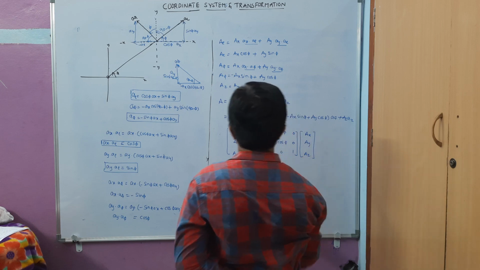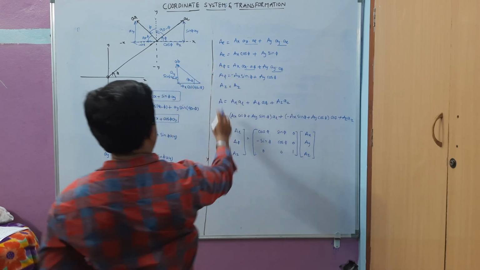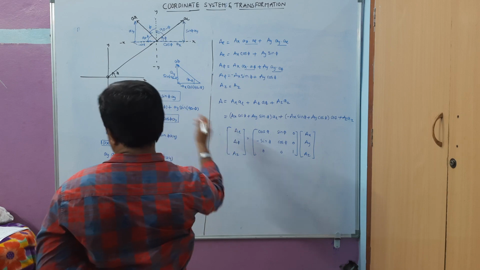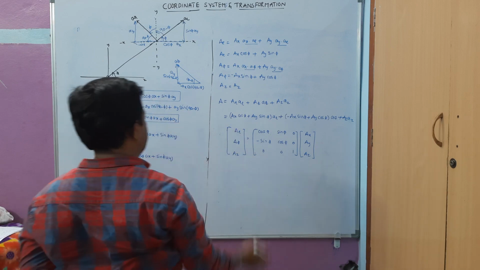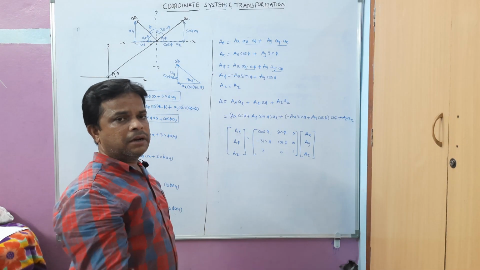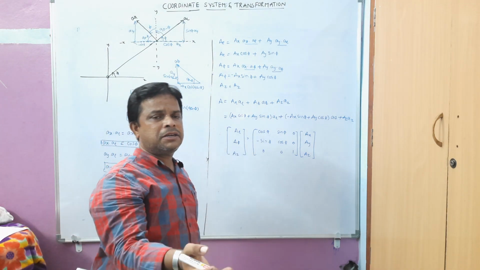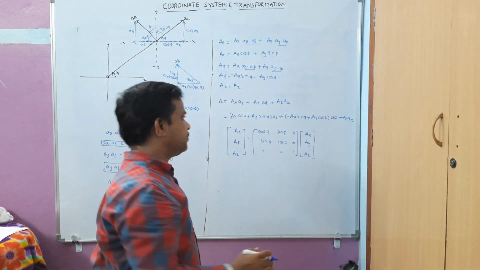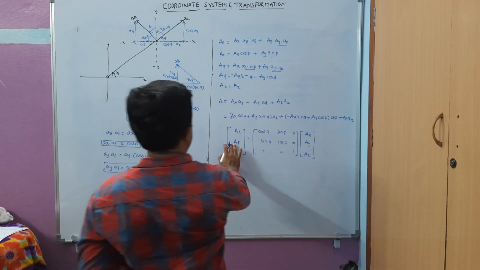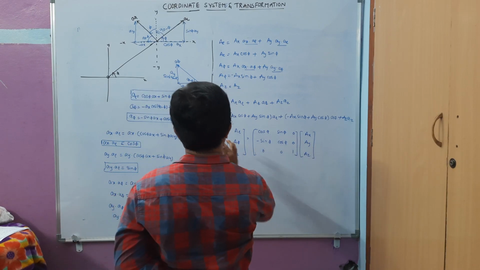Finally, I have kept these components of a_rho, a_phi, az in the form of a matrix, which can be converted into rectangular to cylindrical and cylindrical to rectangular, vice versa. Okay, if you know this one we can find this one, if we know this one we can find this one.